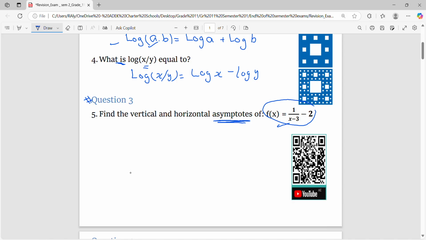Please focus on these two types of asymptotes, vertical and horizontal. If you see this form, no need to solve or calculate anything. You can get the answer directly from the function only if you have this form, 1 over x minus 3 minus 2.